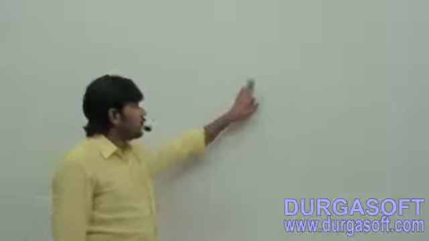That is, an abstract class can contain zero number of abstract methods also. Are you able to understand that? Okay, make sure you know what an abstract class is.